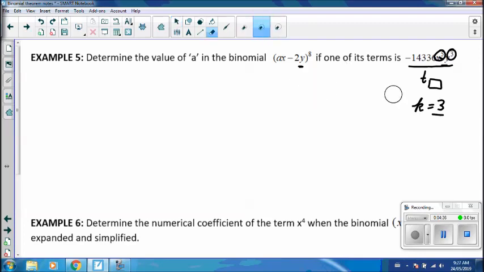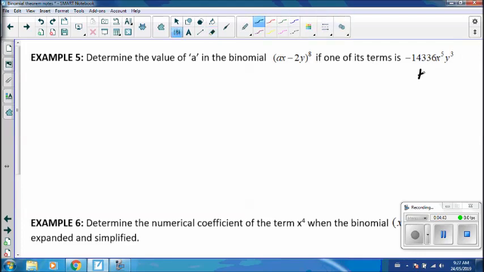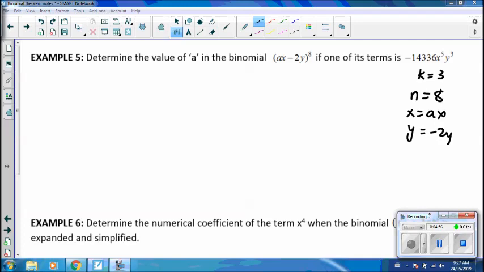So again, using those conclusions is important here. If I just clean this up, we can find that term. So we said that k is 3, n is 8, x is ax, and y is negative 2y. So now I'm going to put those things into my formula.